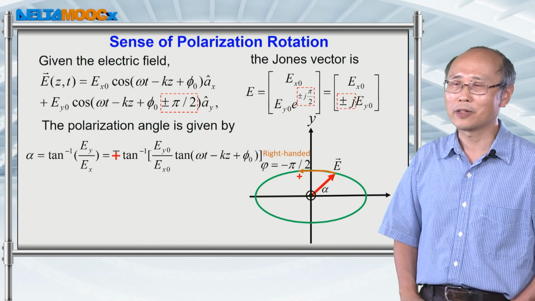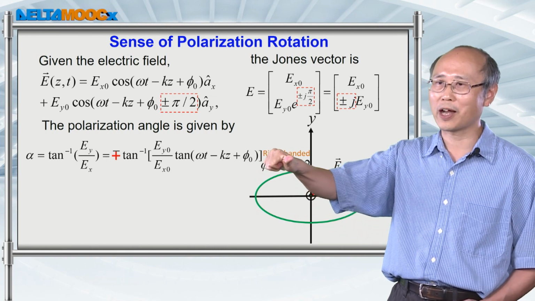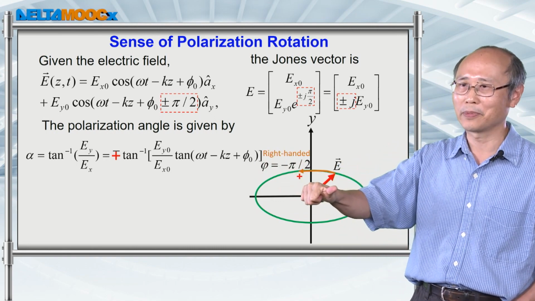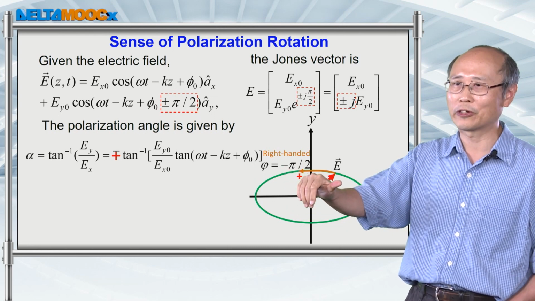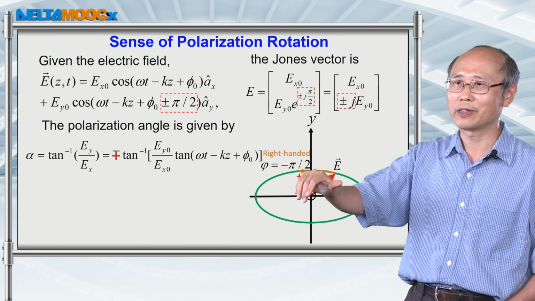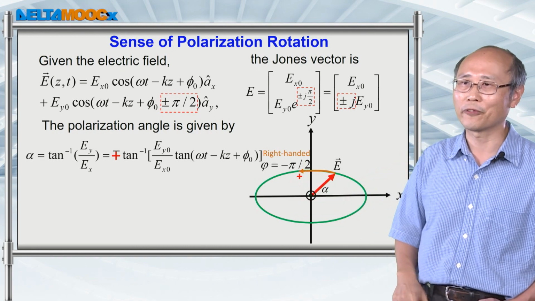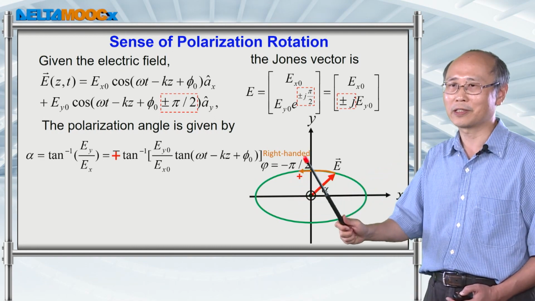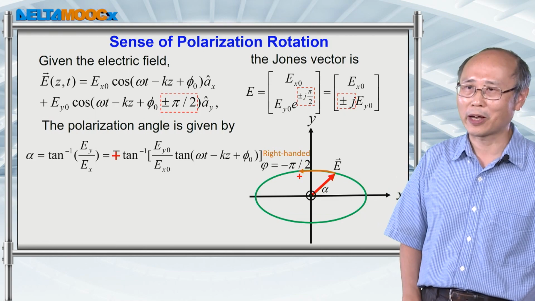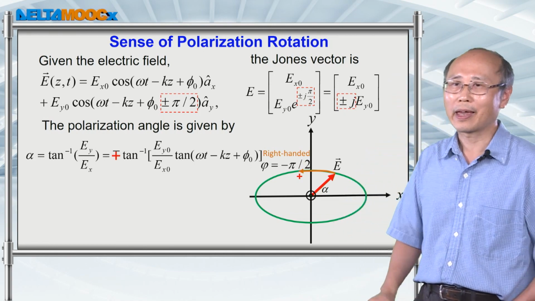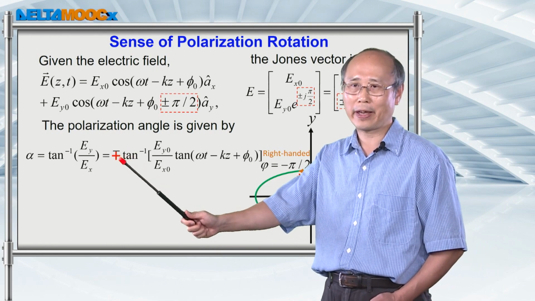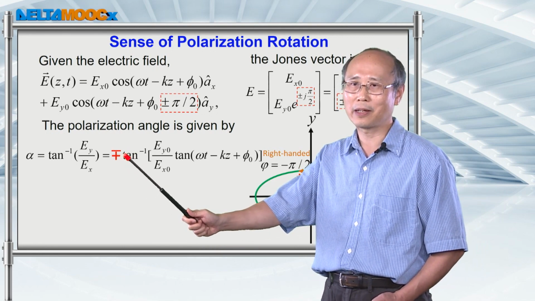And if you just point your thumb along the z direction, and then do a rotation of your four fingers, then you can follow the direction of the rotation of this alpha for this case. And therefore, sometimes we call this right-handed polarization. And similarly, you can follow this minus sign.